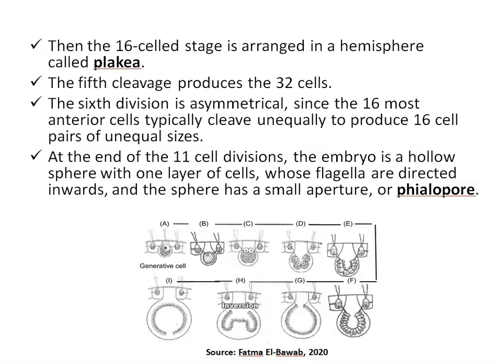Both the adult colony and the daughters within increase in size, but without further cell division, by depositing large quantities of matrix. So these daughter colonies usually escape by rupturing of the parent wall, and they are enzymatically released from the parent and swim away.